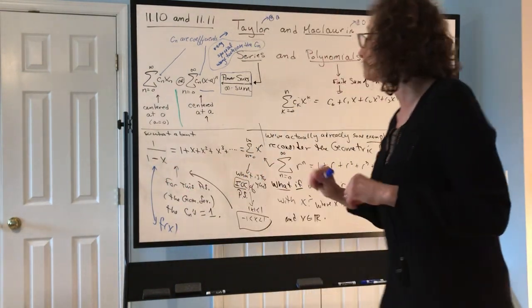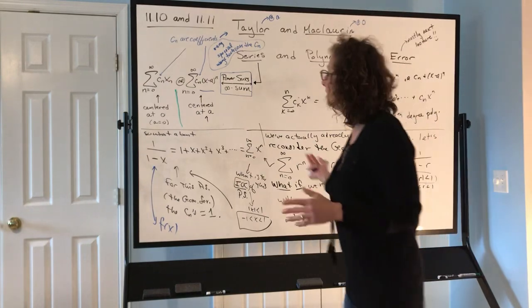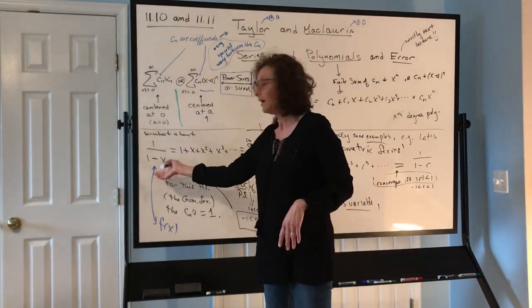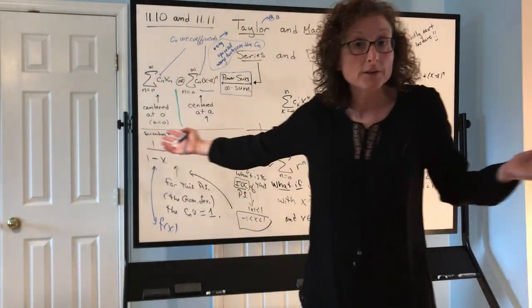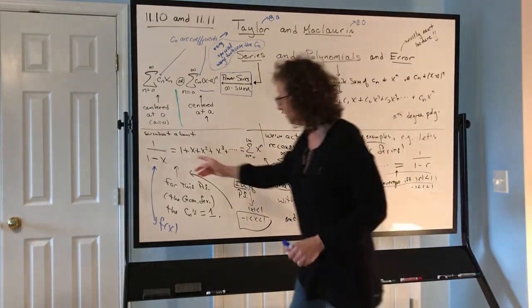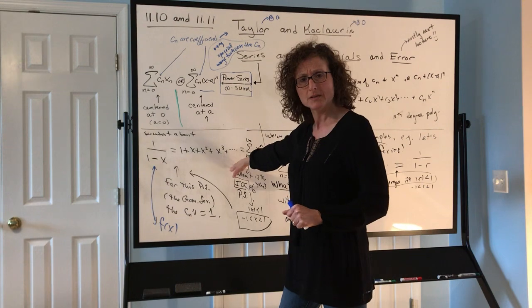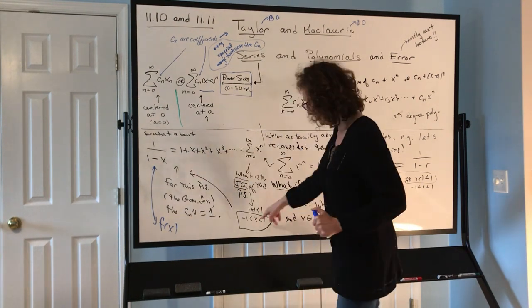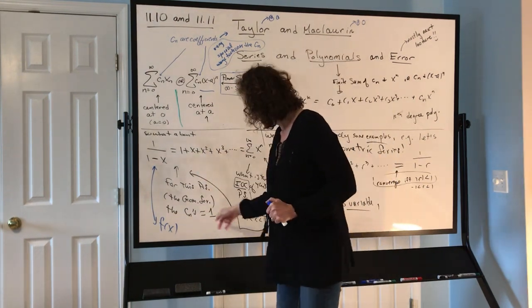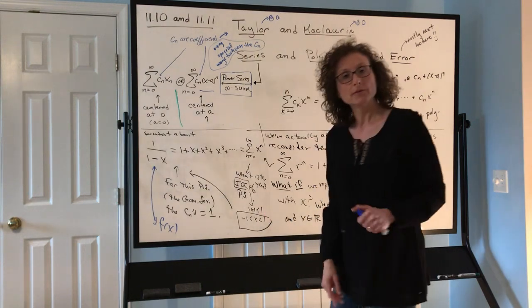So you have to be a little bit careful. You can do calculus on it, you can differentiate it, you can integrate it. But now we're saying, can we represent it as an infinite series and have that infinite series be equivalent to it, for at least the interval of convergence?